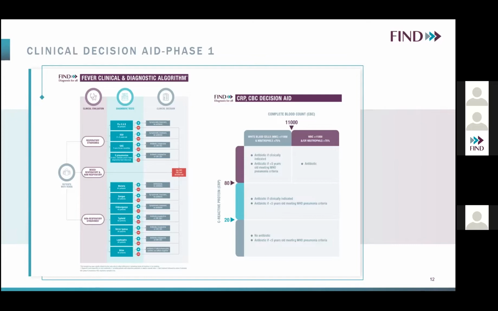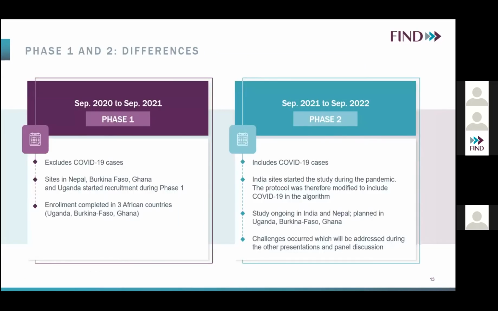In addition to that, we have biomarker tests, which are used when these other pathogenic tests are negative, and we can use these to guide antibiotic prescriptions as detailed in the clinical decision aid. Then just to clarify the differences between phase 1, which happened before COVID-19, and phase 2 of the study, which has happened during COVID-19, is that phase 1 occurred in Uganda, Burkina Faso, Ghana, and Nepal.